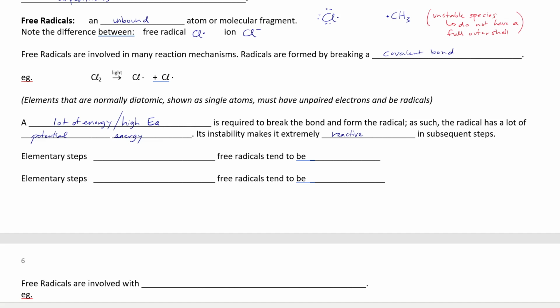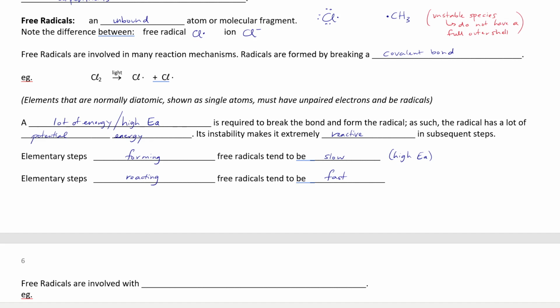So elementary steps forming free radicals tend to be slow because they have a very high activation energy, whereas elementary steps reacting free radicals tend to be fast.